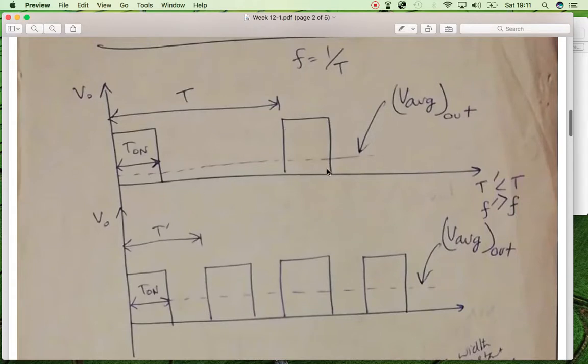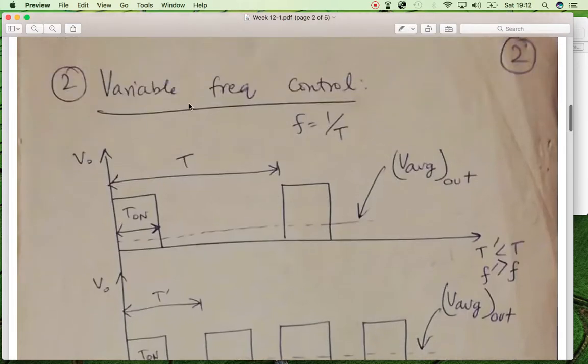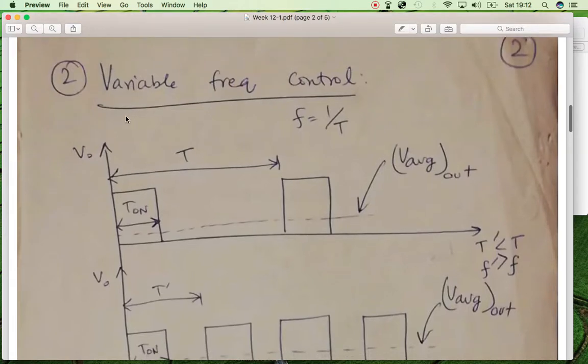Here the frequency is small, and when the frequency is small, then we have a low average output voltage, and when we increase the frequency of the pulses from the supply voltage to the load, then the average voltage is increased.